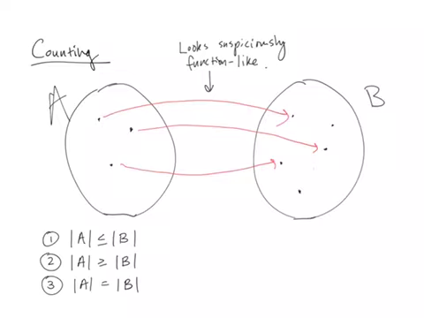Well, once you're through all the elements of A, you've put them into correspondence with a subset of B, right? So in other words, you've created an injective function from A to B, right? So in this pairing off process, you have to imagine you have two big piles of nickels or something, and you put your left index finger in one pile, the right index finger in the other pile, and you move those two nickels off together into a pair, right?